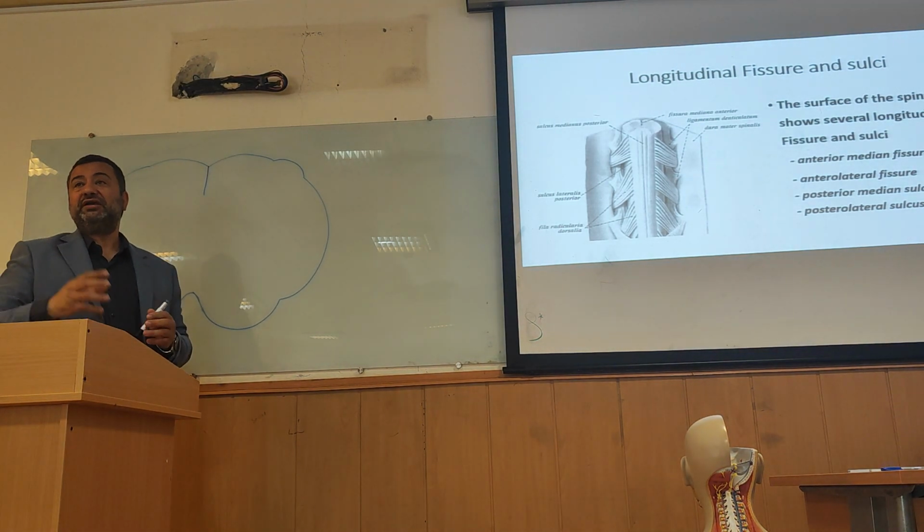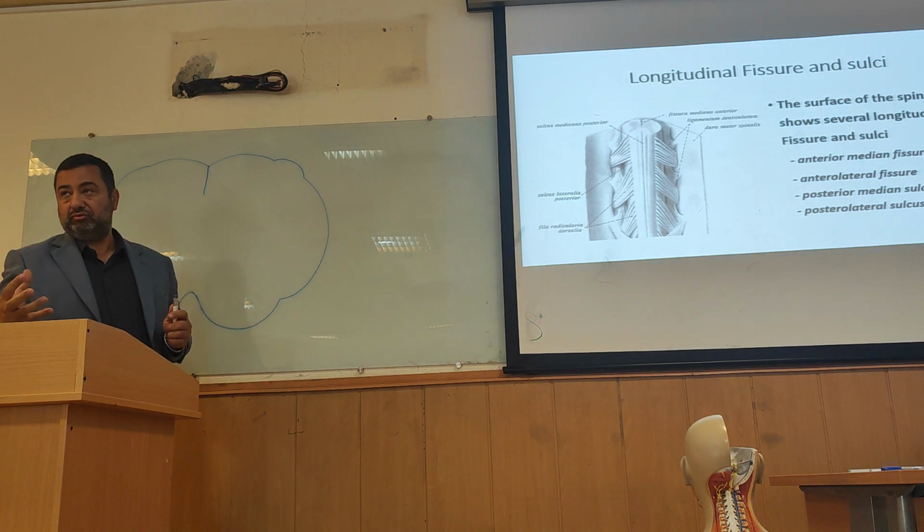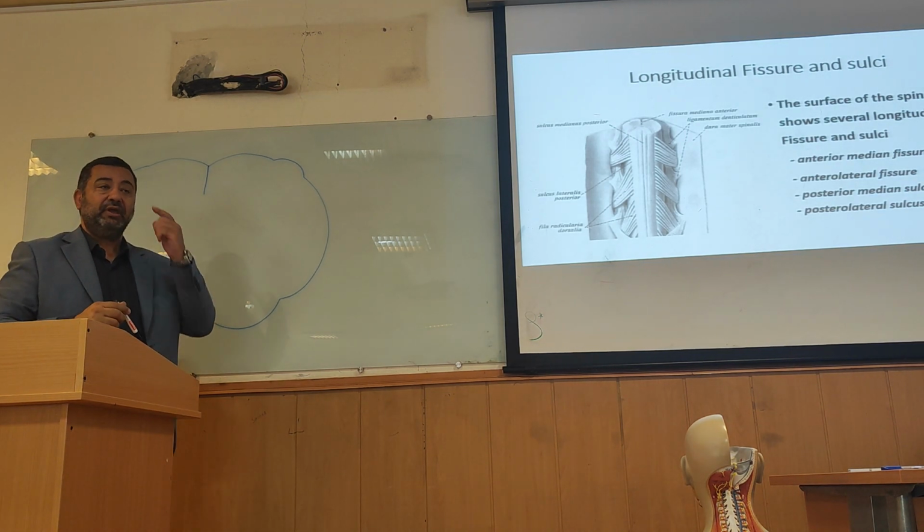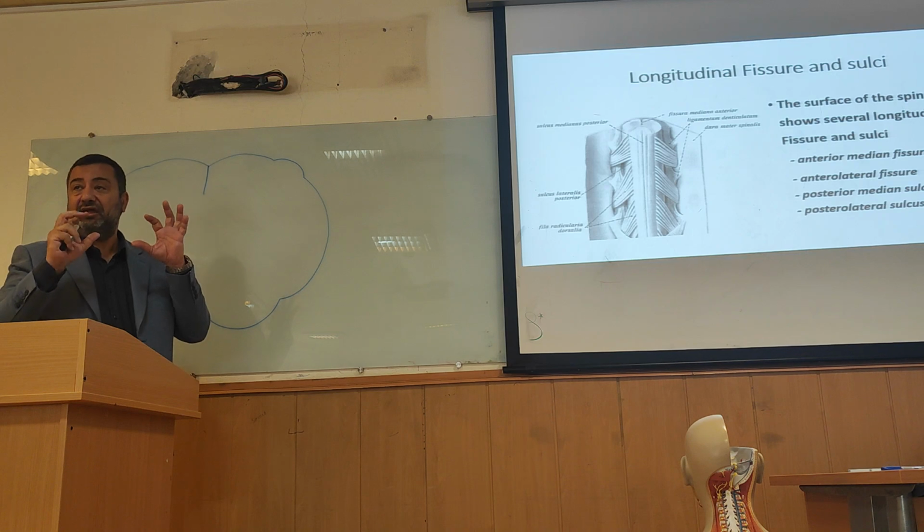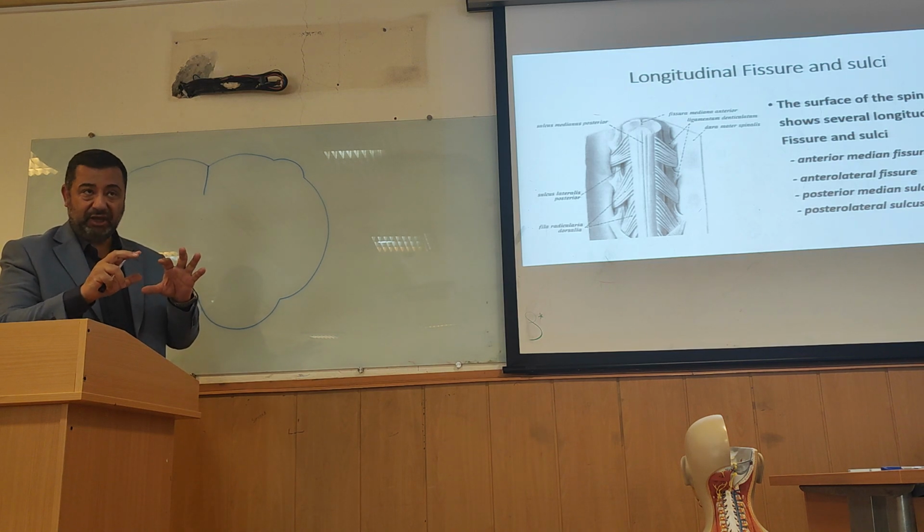Gray matter, or collection or aggregation of cell body of neurons in the CNS, in the spinal cord, is in the central part. Okay?